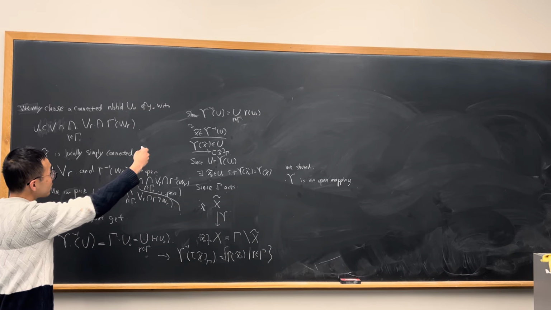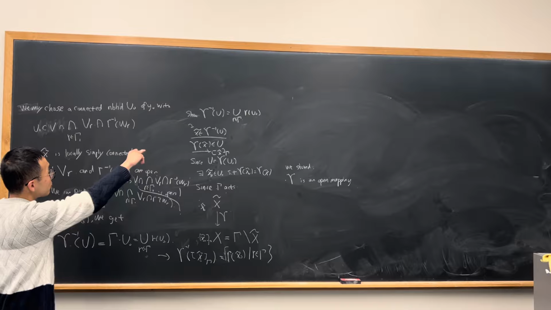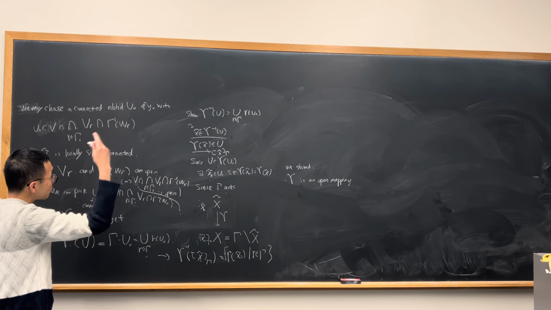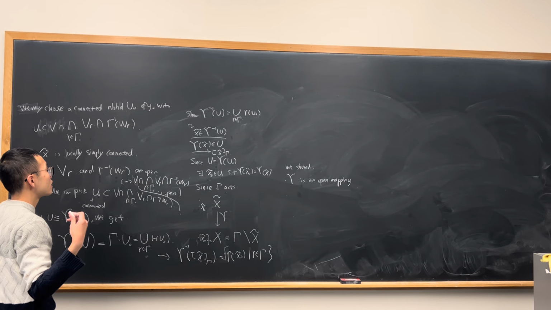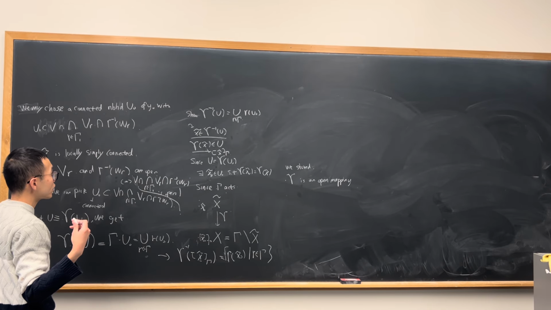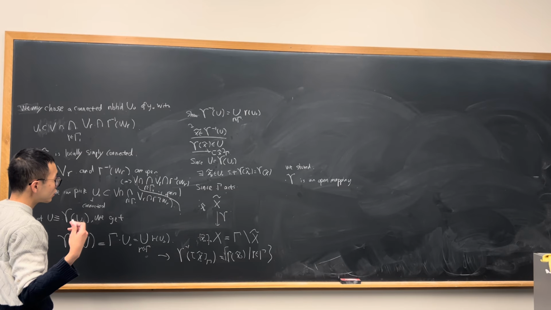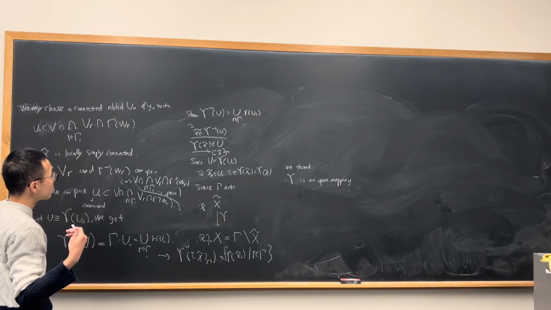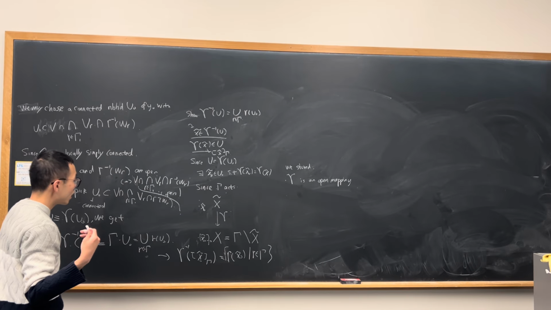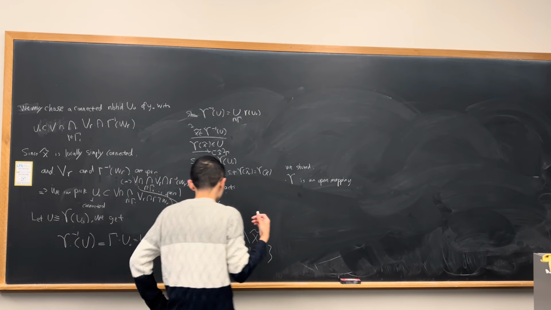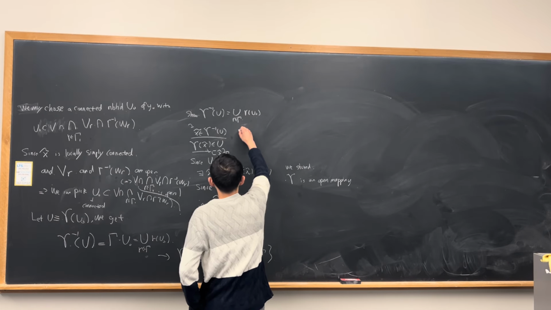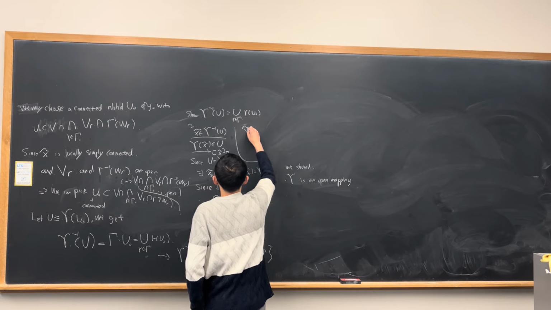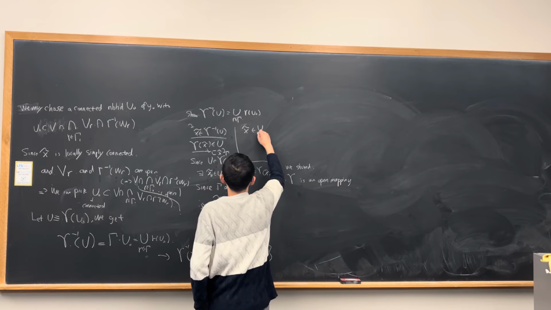Okay, so this is how you do the forward direction, and for the backward direction, what you do is pick any point in the disjoint union. So then you take what? You take the projection, right? And let's see what happens if you take the projection. So for the backward direction, if you take any, let's say x tilde is in that.